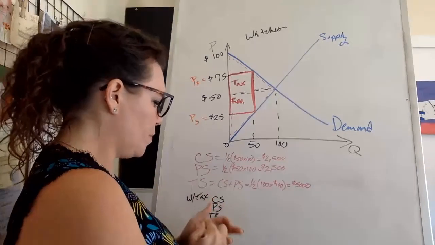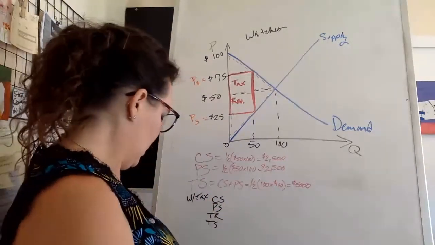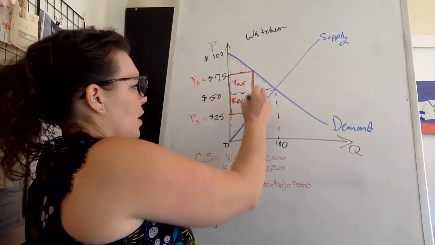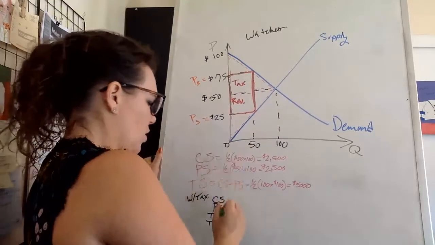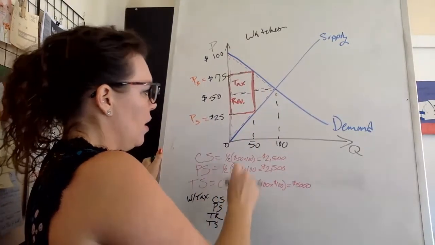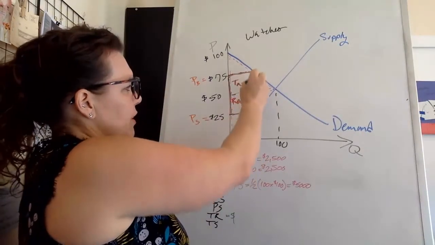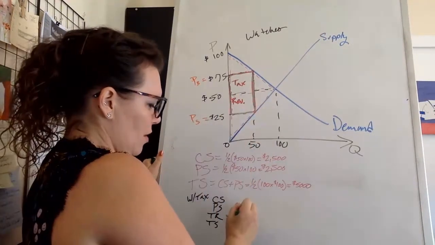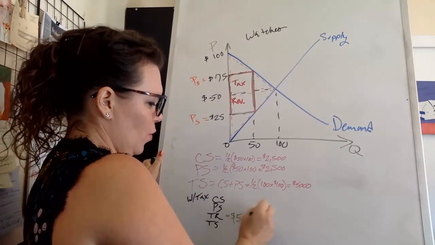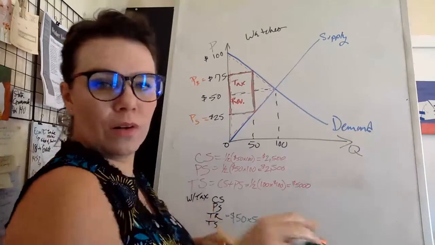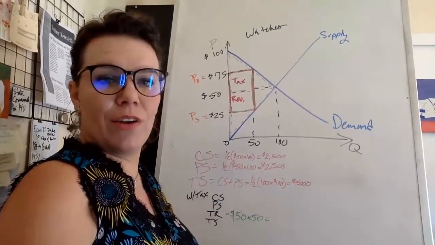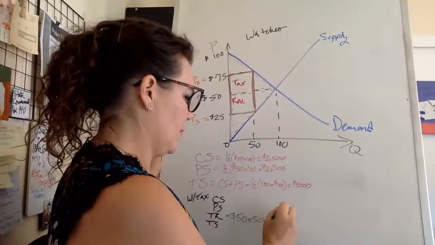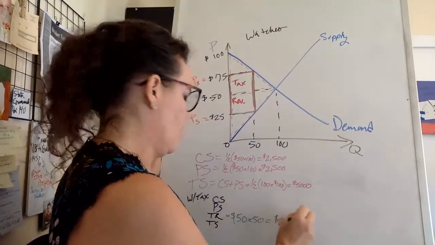Our tax revenue is based on the area of this rectangle. You can also just think of it as a $50 tax for 50 watches. So it's going to be $50 times 50 watches, or $2,500, right? That's a lot of tax revenue.